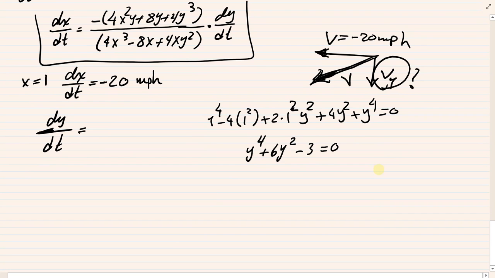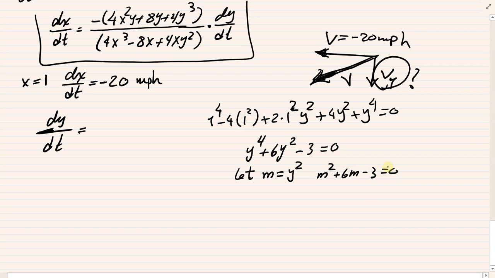This is quadratic in form, that is, we can either factor it or use the quadratic formula. Let's use the quadratic formula on this one. This is what I mean by quadratic in form. If I let m be y squared, then this is in the form m squared plus 6m minus 3 equals 0.